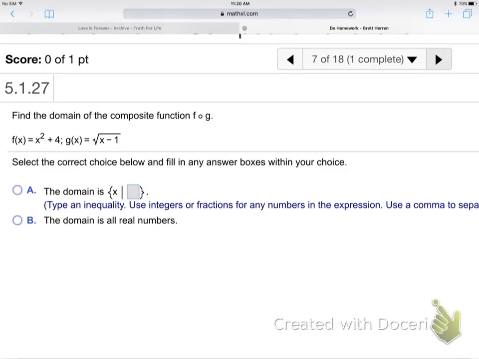So they're saying f of g. Yeah, this is tricky. Okay, so f of g is sticking all of g in. So go ahead and do that first: stick all of g into f and see what you get.